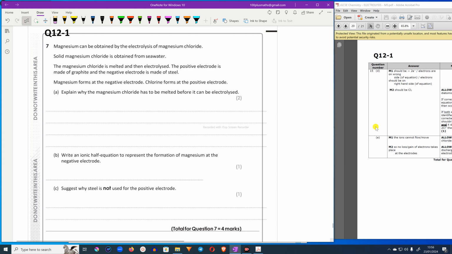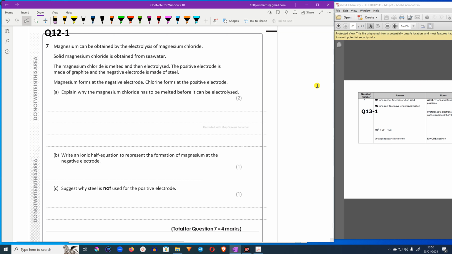Okay, here number 12, same idea. You've got magnesium chloride, and it needs to be melted, so it's molten, right?